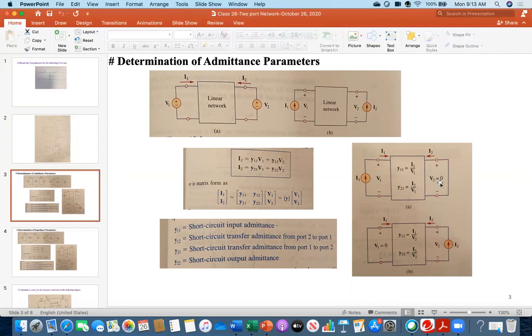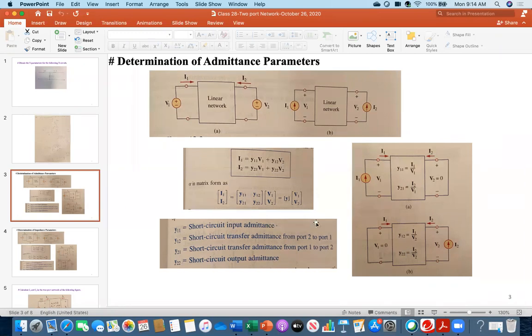So that's why you see on the left side port, there is the current source, voltage V1 appears, but the right side is shorted. So this means that to calculate Y11 and Y21, you have to make the right port short circuit. This means the voltage is 0, V2 equals 0. And that is the reason in that equation we are putting V2 equals 0. And I2 current is entering, and from this side I1 current is entering.